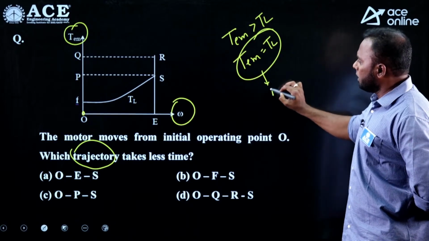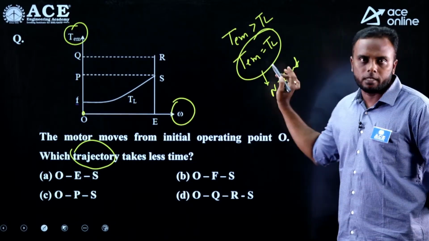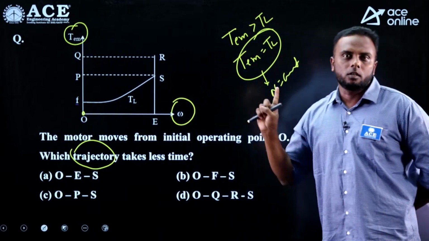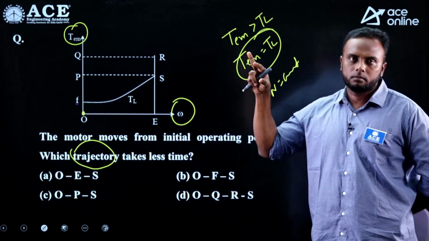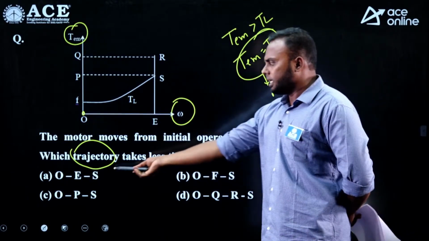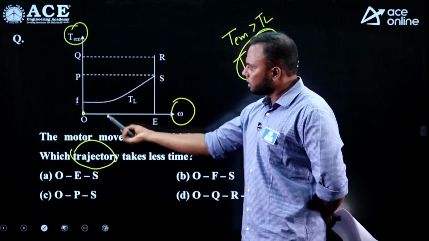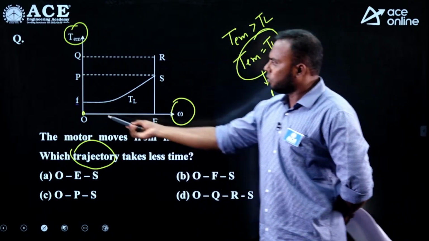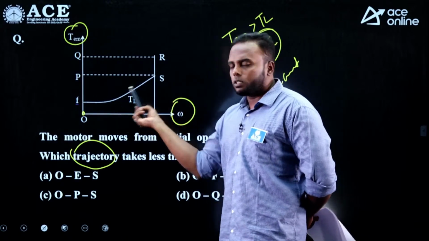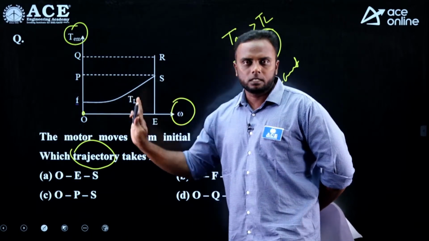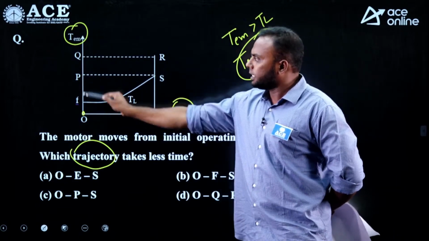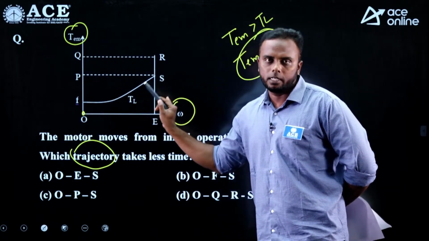That's why the electromagnetic torque should be greater than the load torque in the accelerating period. So you can remove OES, because its torque is less than the load torque. OFS means load torque equals electromagnetic torque, which is also wrong. Then OPS has torque greater than load torque, so it satisfies.